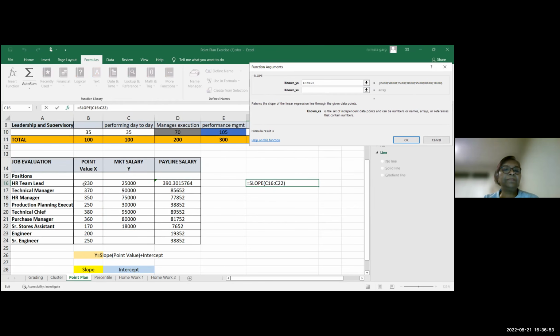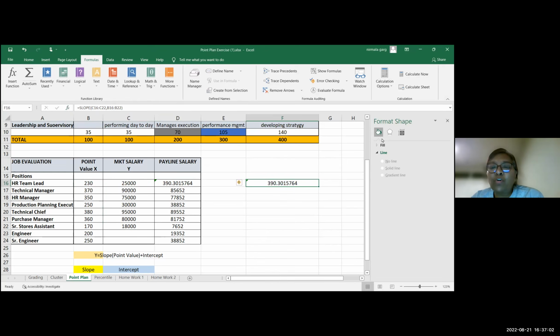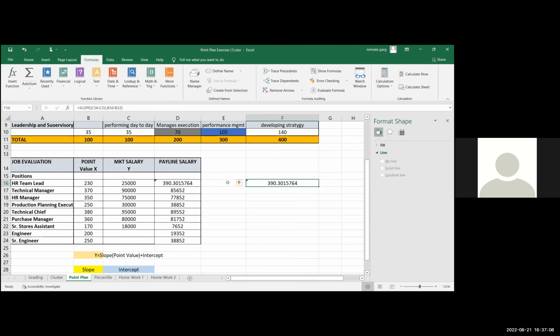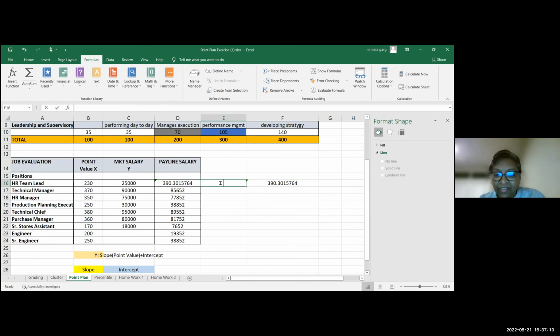X. So what is the value? Slope value? 390, which I will put it as slope here. SLOPE. Okay. Now calculate what?